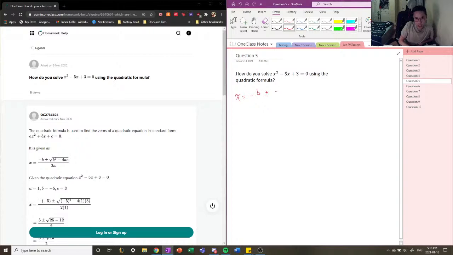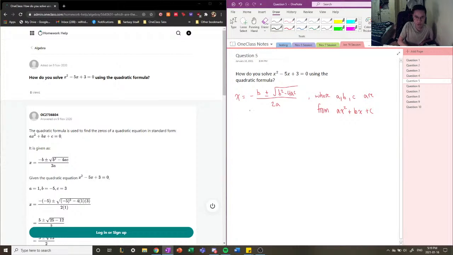It's negative b plus or minus the square root of b squared minus 4ac, divided by 2a, where a, b, and c are the coefficients of ax squared plus bx plus c, your quadratic equation or function. By plugging in your coefficients and solving for both the positive and the negative, you're able to find the zeros that will solve this quadratic function.